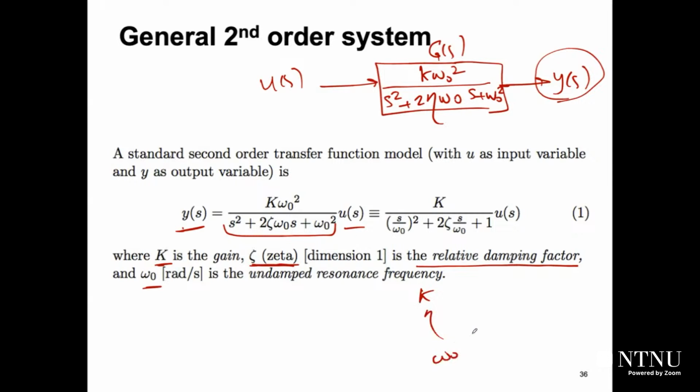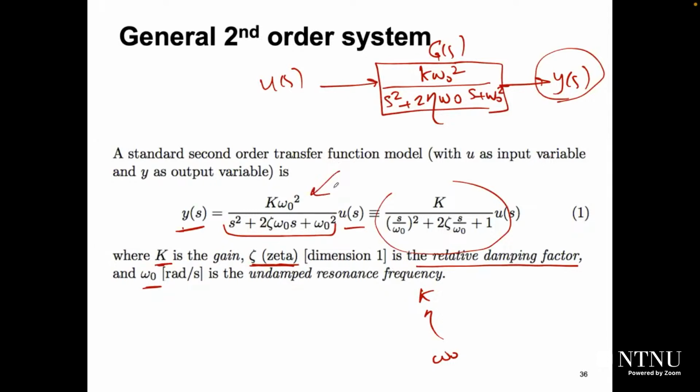And the transfer function, as we agreed, will be k omega naught squared, or you can divide by omega naught squared. In fact, this form is not good. We just focus on that one.